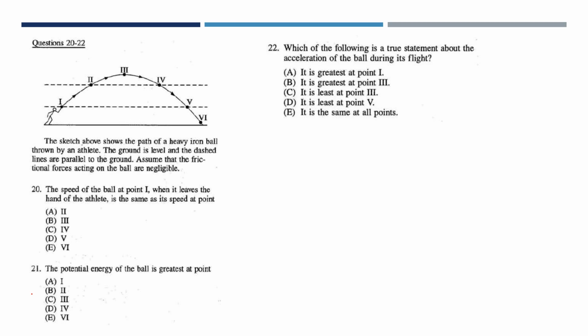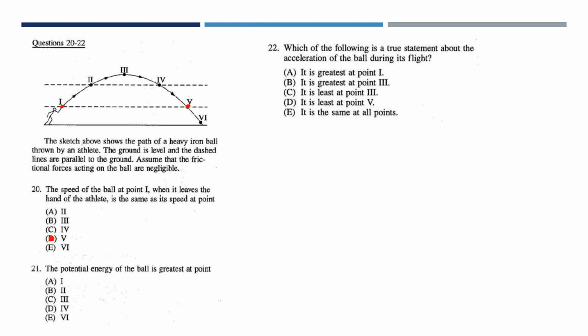The speed of the ball at point 1 when it leaves the hand of the athlete is the same as its speed at point? The speed at point 1 for a projectile is the same as the speed at point V. It's symmetry. So V has the same speed as I.